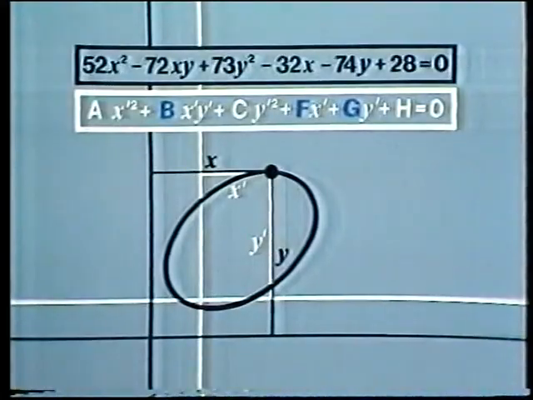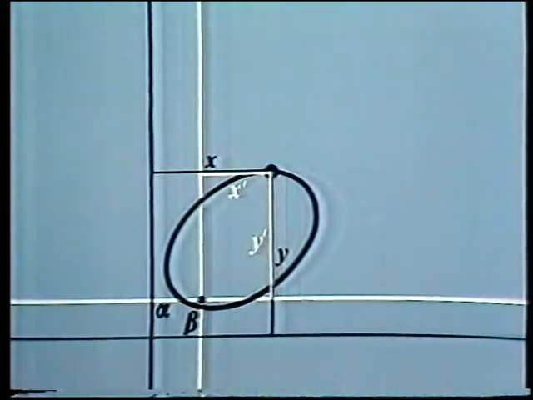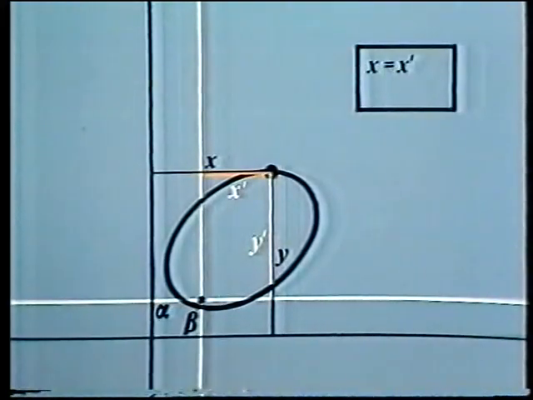But how do we get from one equation to the other? What's the relationship between x, y and x dashed, y dashed? Suppose our new origin is at the point alpha, beta. Now, x is equal to this distance plus this distance. x equals x dashed plus alpha.